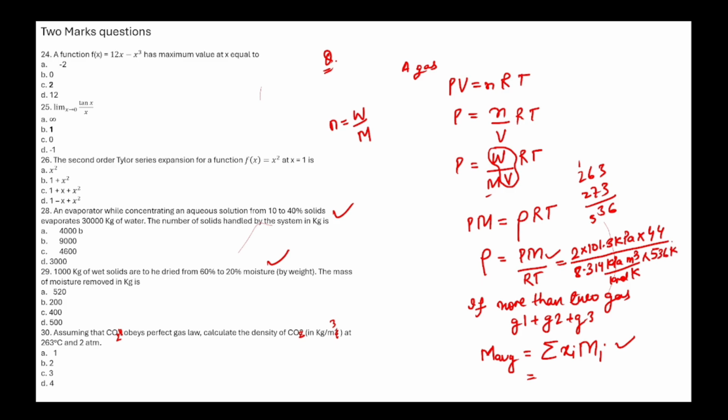Now molecular weight is in kg per kilomole. So kilomole and kilomole will cancel out, kilopascal and kilopascal will cancel out, Kelvin and Kelvin will cancel out. See, kg per meter cube is remaining. So you will get the density. Just calculate it, I will not calculate it. I think it is 2 something, if I'm not wrong.